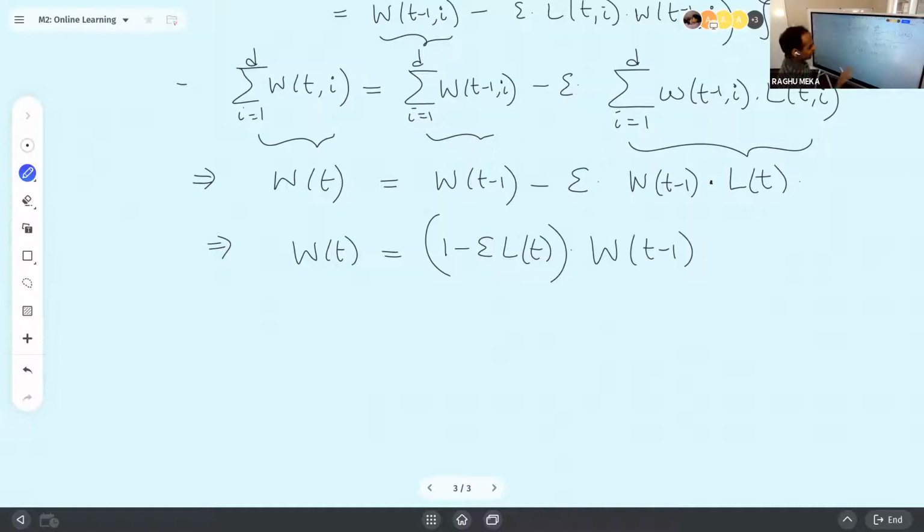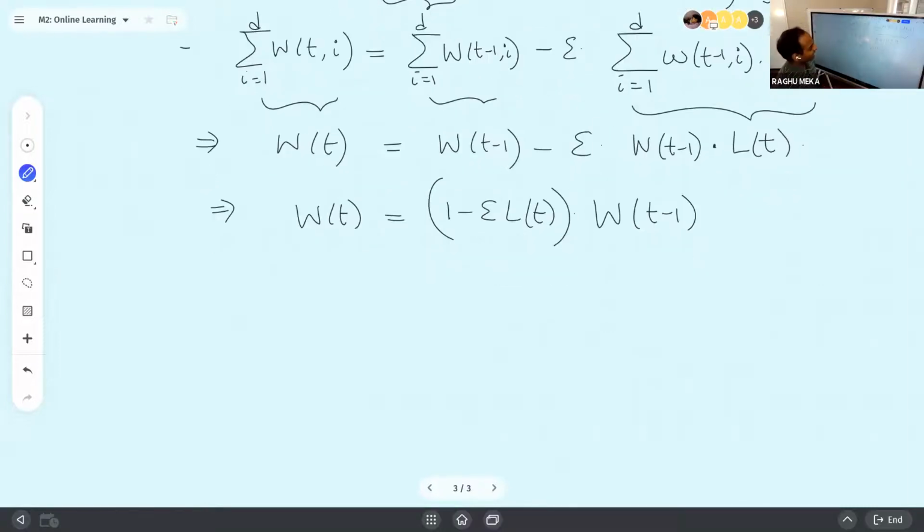So this is all very good, and we are almost done, except that, as in the analysis of WMA, we have some nice iterative way on how the weights are evolving, and we would just like to multiply them and be done with it. But unfortunately, here things are not as nice because the factor is not a constant. Earlier we said each mistake reduces your weight by 3/4 or something like that.